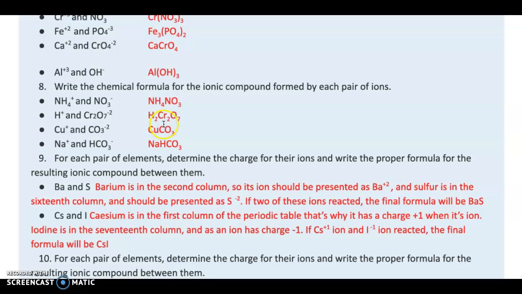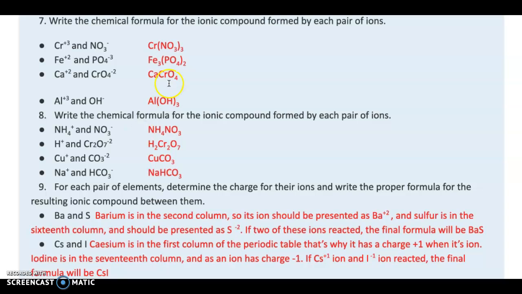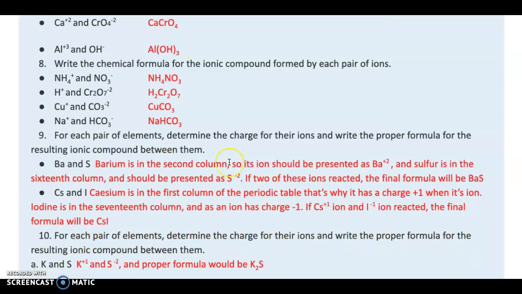It's not a polyatomic that consists of several ones. Remember how we did before? Same thing we were doing over here. You just write it over here, no parentheses. But when you have polyatomic ions, you have to write those parentheses to specify that we need 3 of the whole thing, not just 6 or 9 oxygens.